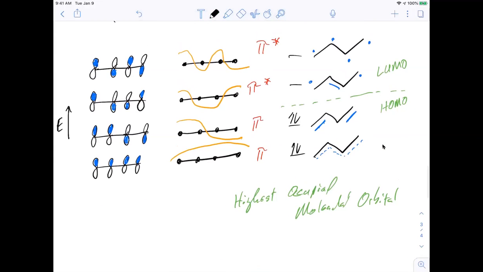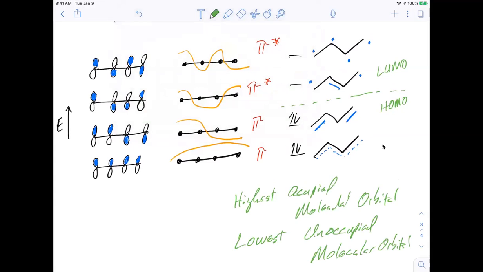And then LUMO stands for lowest unoccupied. If we were going to take one electron and excite it, where would that electron go?